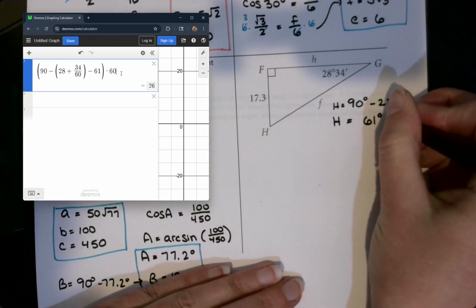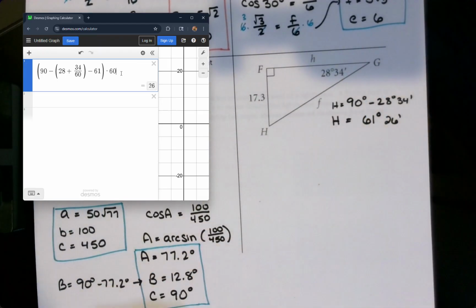So that's 26 minutes. So working it out on an all-in-one line, a little bit messy, but again, just showing what happened there. I can see it's 61 whole degrees. I'm going to subtract out that 61 to find out what the fractional part is, and that entire fractional part, again, times 60 minutes per degree tells me the number of minutes left over.